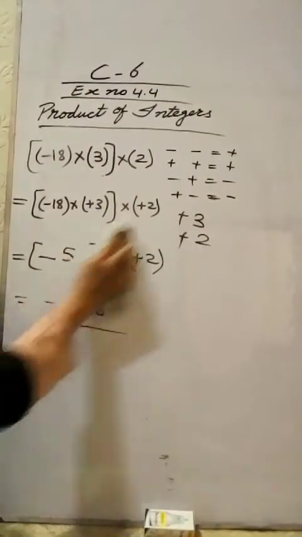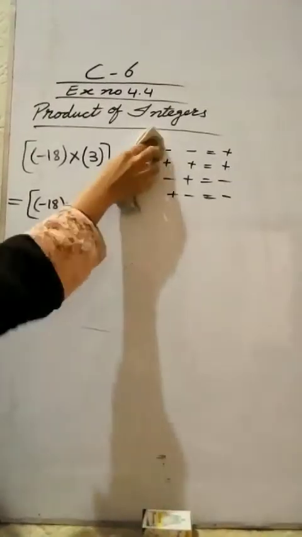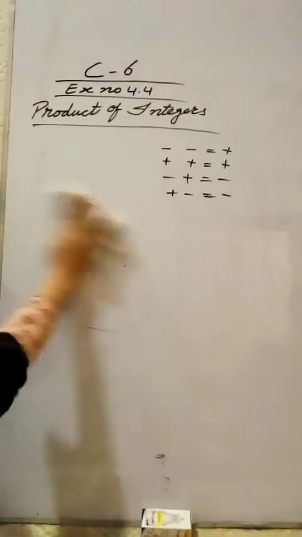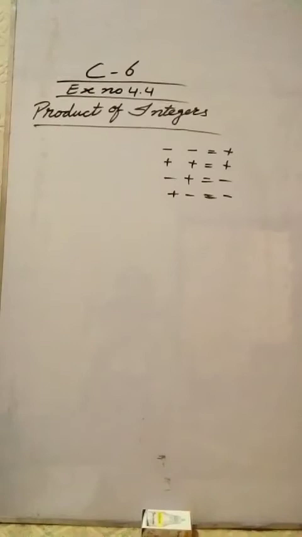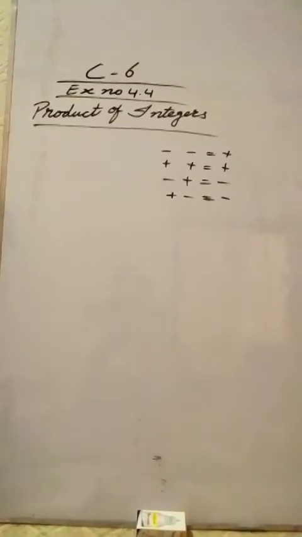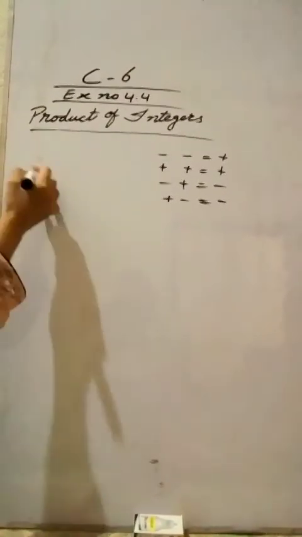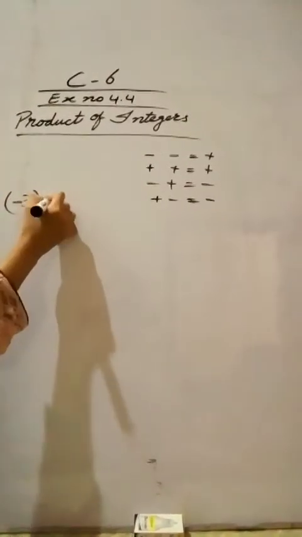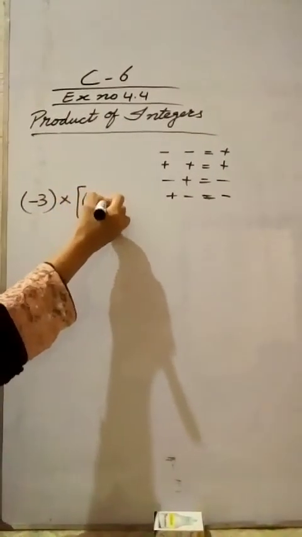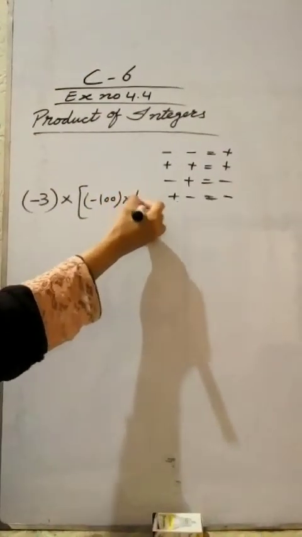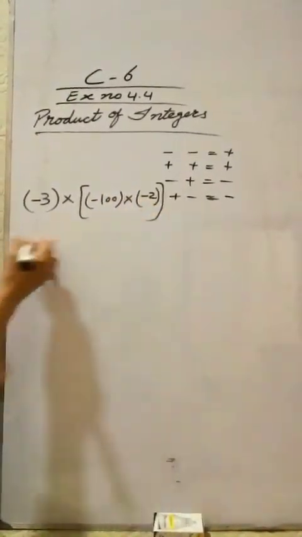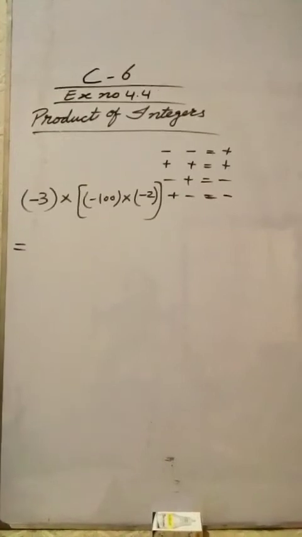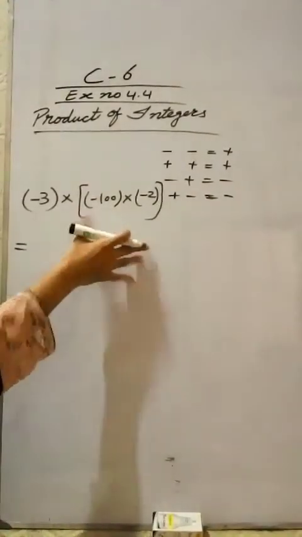Now take another question. The other question is minus 3 multiplied by minus 100 multiplied by minus 2. So we always solve the inner bracket first, and the remaining values are the same.